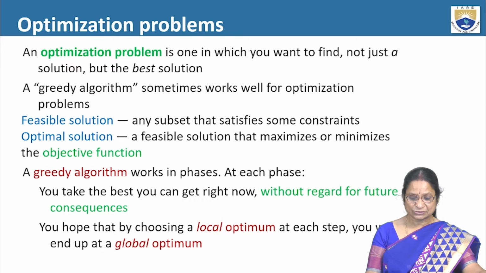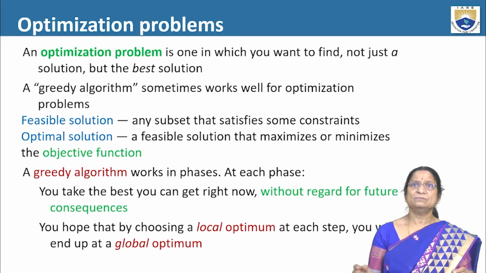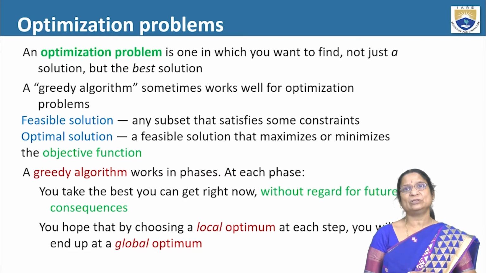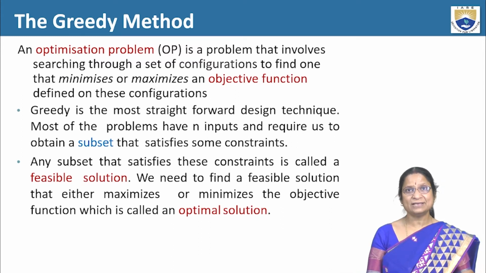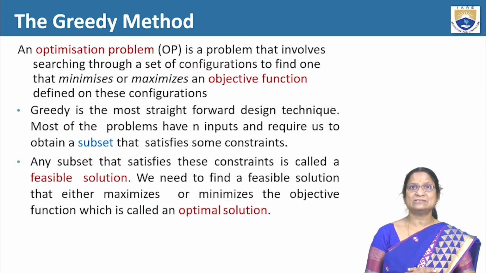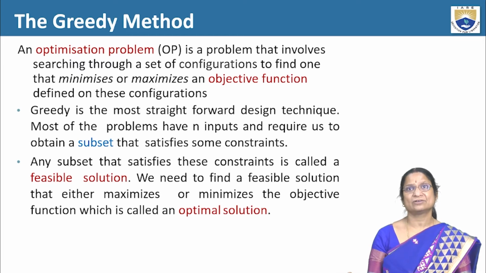We choose the local optimum at each step. Most of the time, it may end up with a global optimum, but sometimes it may not. That is the only disadvantage of the greedy technique. It does not always provide an optimal solution; the solution provided by the greedy technique need not be optimal always.